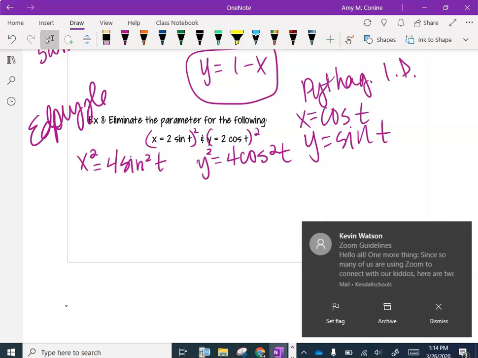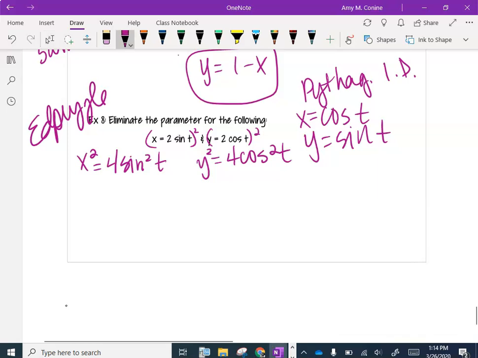Now with our trig identities, we have a sine squared and a cosine squared. I want to get both of my trig functions to be the same. So I'm going to try to change my sine squared to cosine squared, and to do that, I just substitute in my Pythagorean identities.